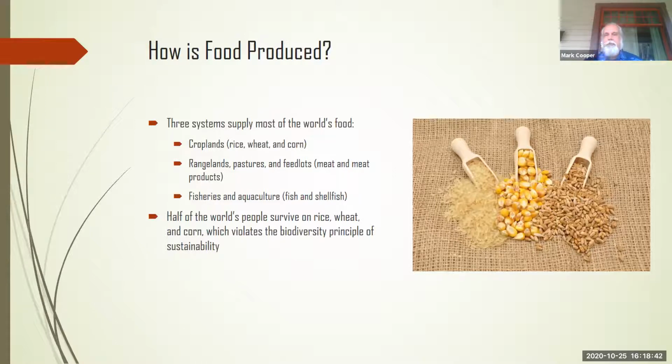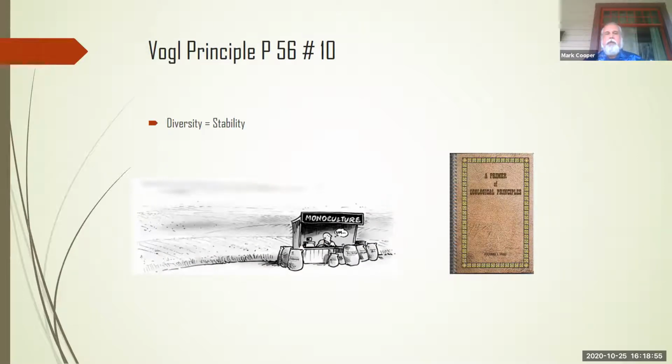Half of the world's people survive on wheat, rice, and corn. And this violates very simple principles on biodiversity for sustainability, because what that means is we are covering a major portion of this planet with these three crops. So it brings up a Vogel principle: diversity equals stability. In ecosystems that are very diverse, they're harder to damage, and the populations living in there tend to do pretty well.